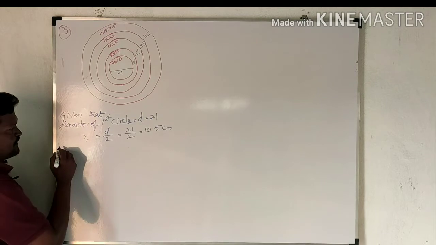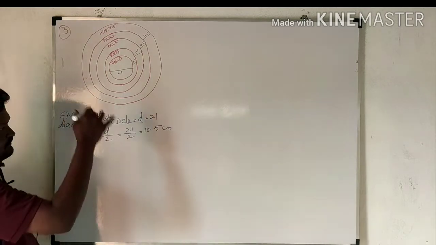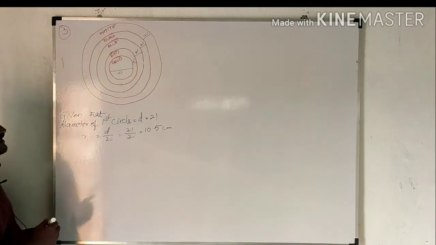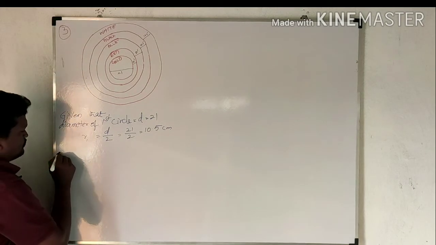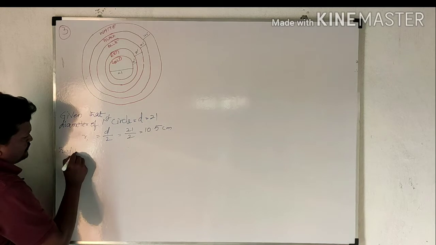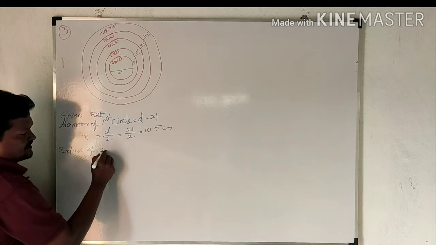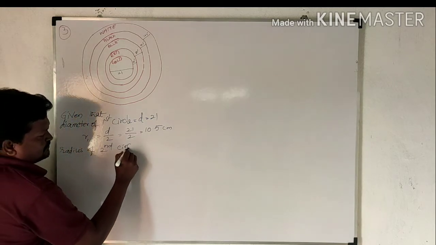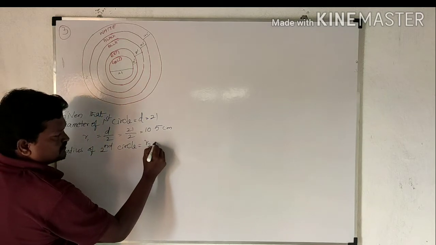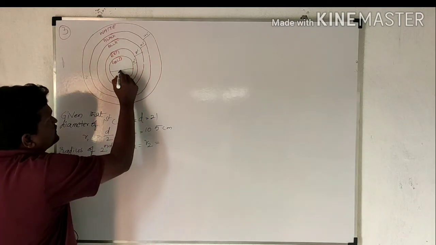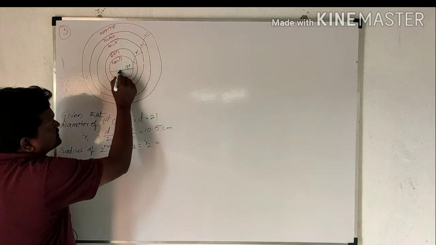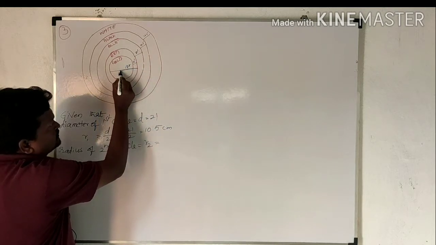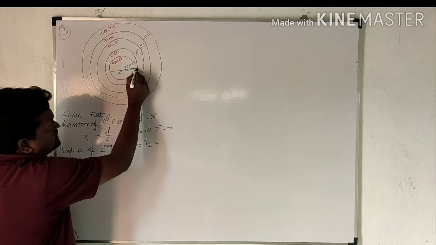After that we will find all the areas. First we write the radius for each and every circle. Radius of the second circle, R2, is equal to, from here to here it is 10.5. So the second circle's radius is this 10.5 plus this 10.5.